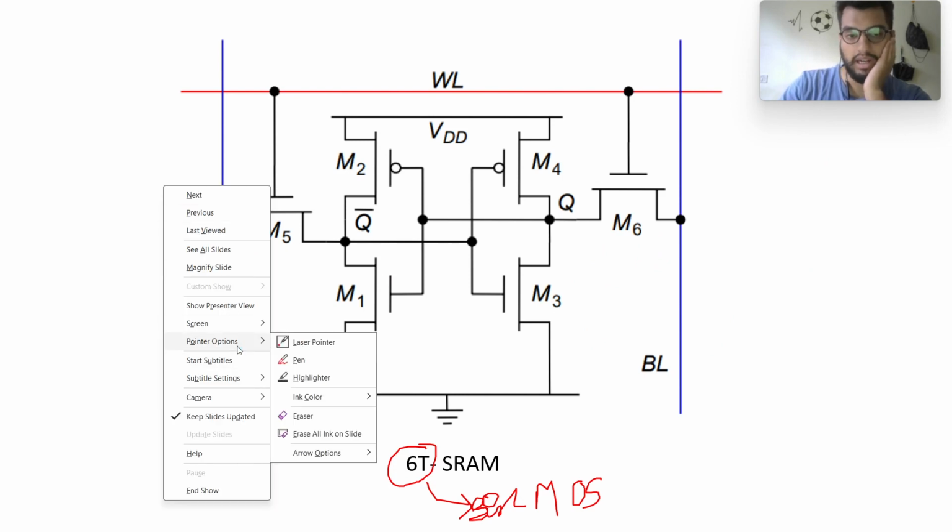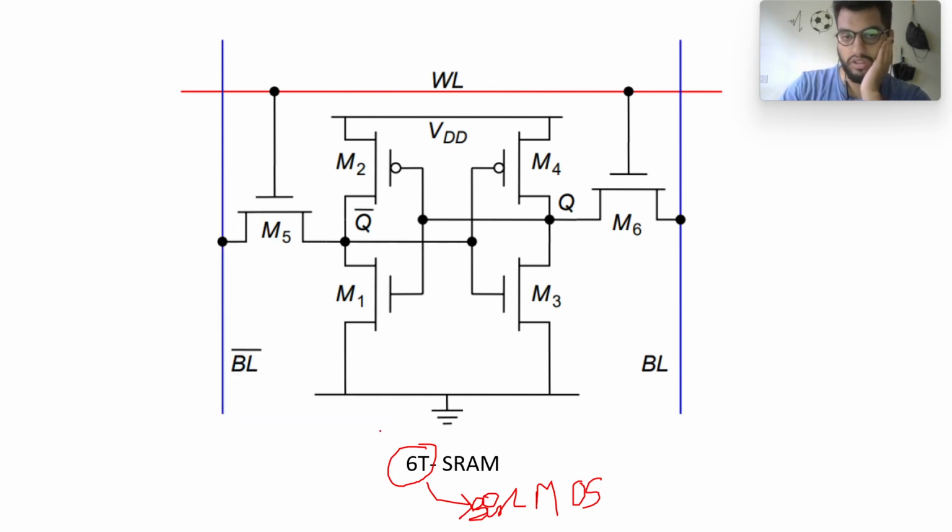So what I have said so far is this cross-coupled inverter pair forms the base of this 6T SRAM cell, and this thing is your CMOS inverter. Here you take the output and here it's your input.